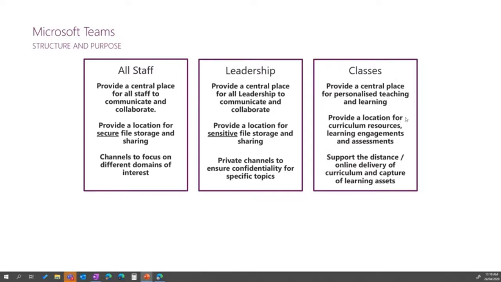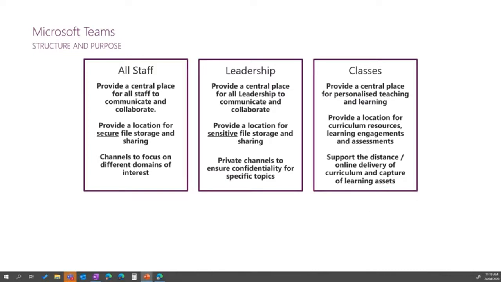But in a secondary environment, you're going to have one more box here, which will be faculty teams. So maths will have its own team, humanities will have its own team, science will have its own team, and you may even want to break that down further and have, for example, 7 to 10 science with its own team. That's entirely up to you. But I do want to stress for secondary schools, there will be one more box here.